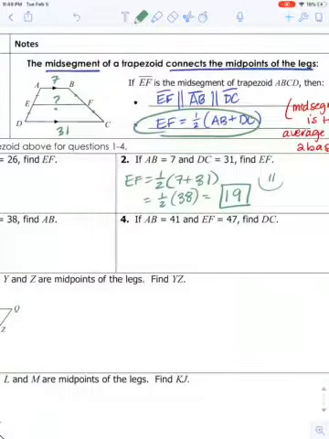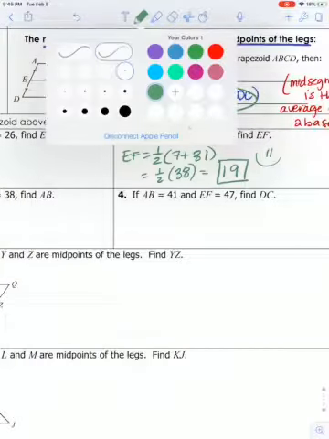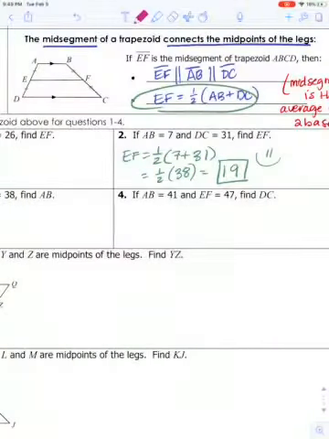Great. Now, number 4 is a little different, so let's all make sure we understand number 4. If AB is 41 and EF is 47, find DC. I'm still going to use the same formula.